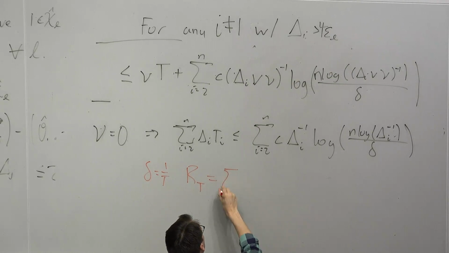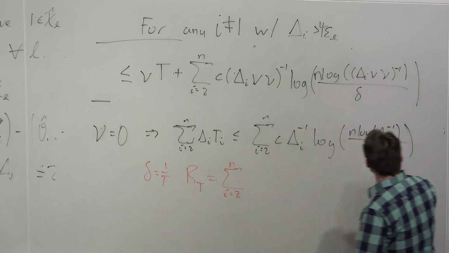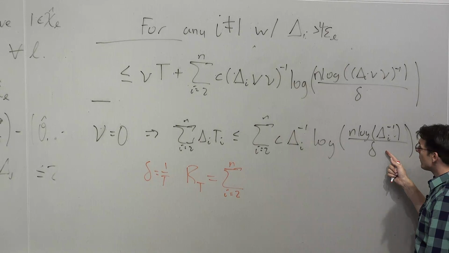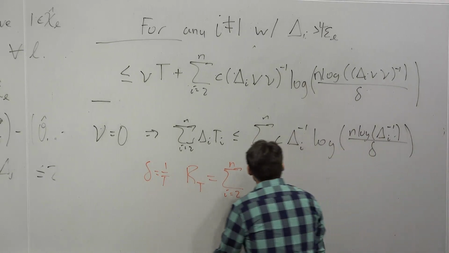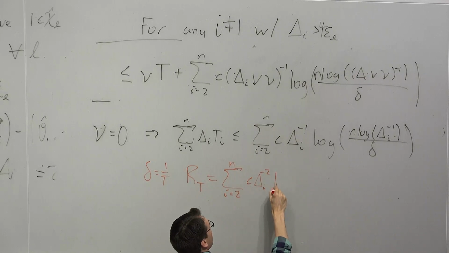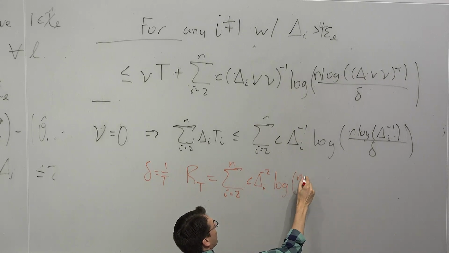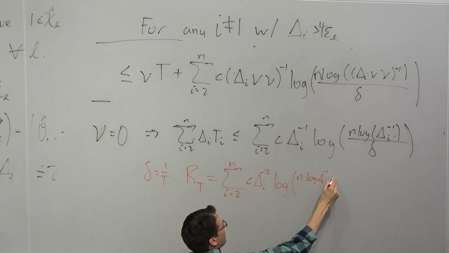And so it's going to be, by the same sequence of events, this guy here, the sum over i equals 2 to the n. I'm going to plug in my delta equals 1 over t here. I'll just do it out: delta i inverse log n log delta i inverse times t.